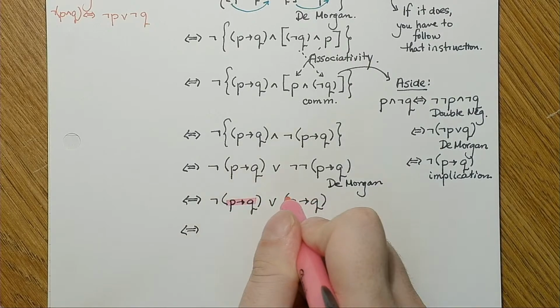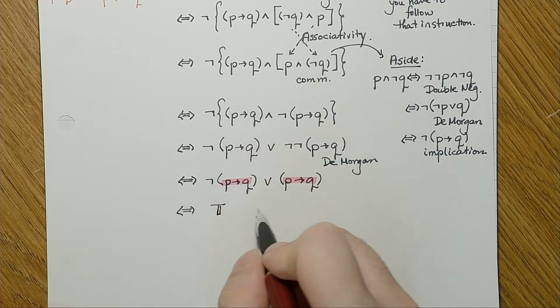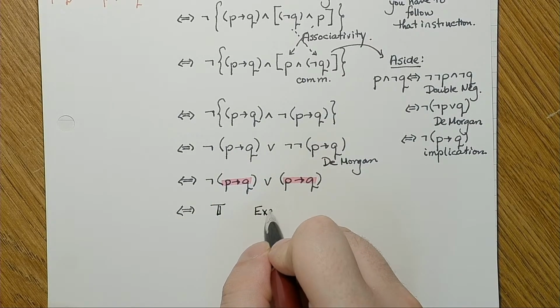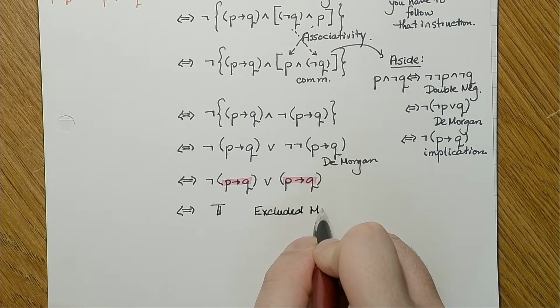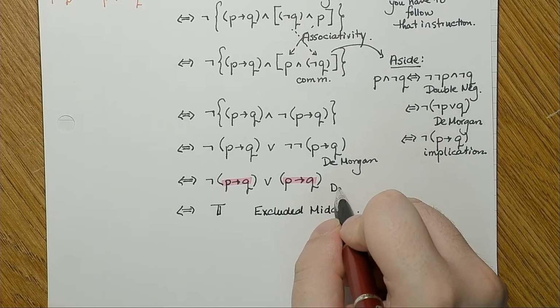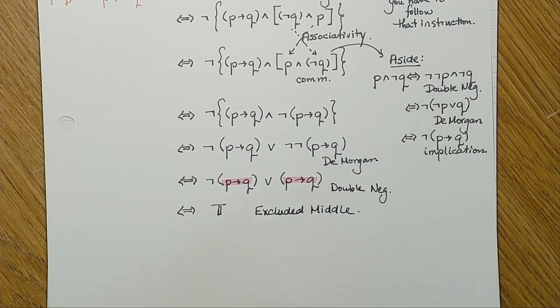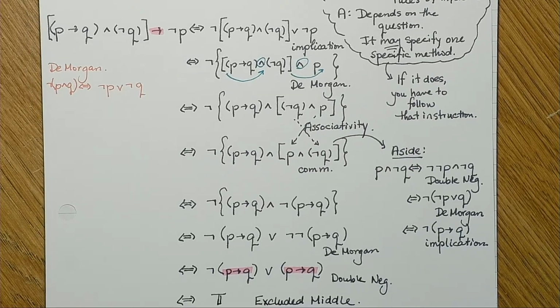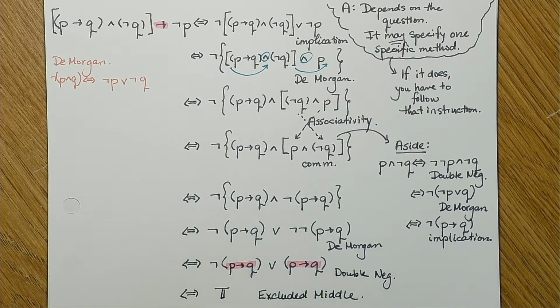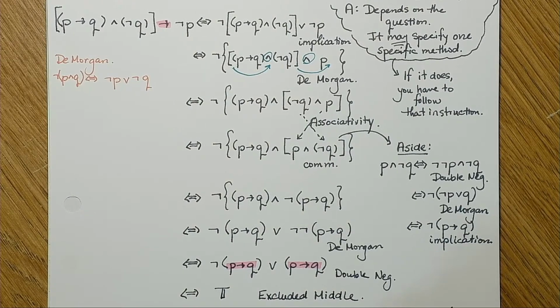But you just treat that as like a proposition. And so that is a tautology. That's by the excluded middle. This is the double negation. And we're done. So there's the proof for modus tollens.